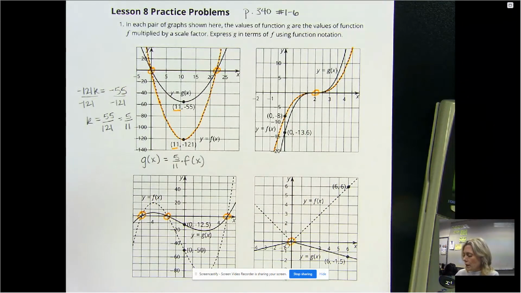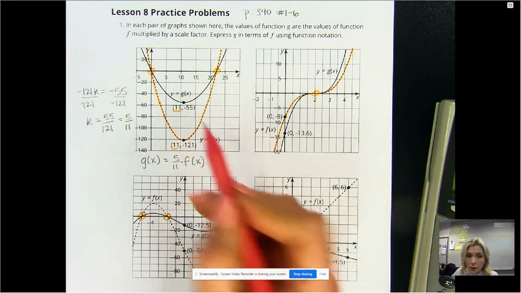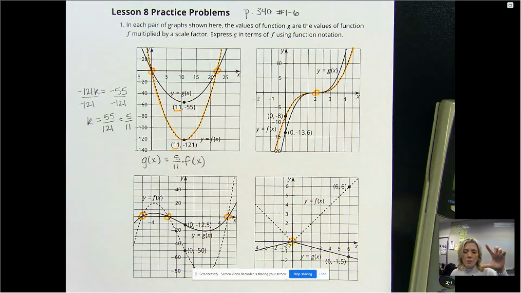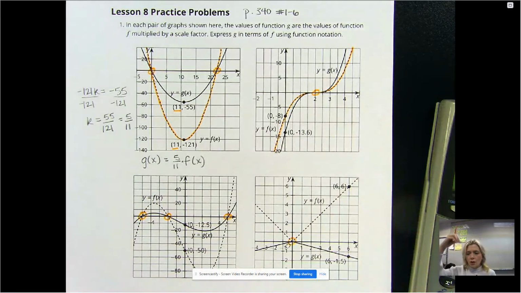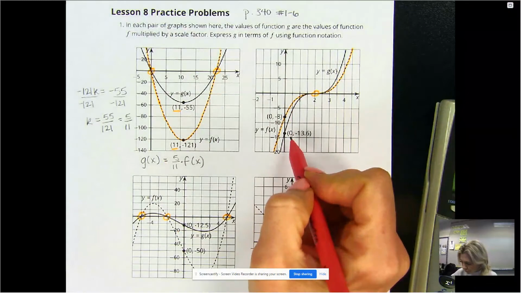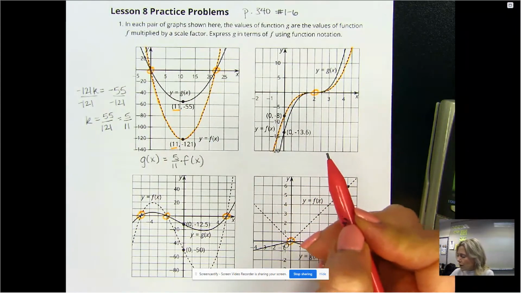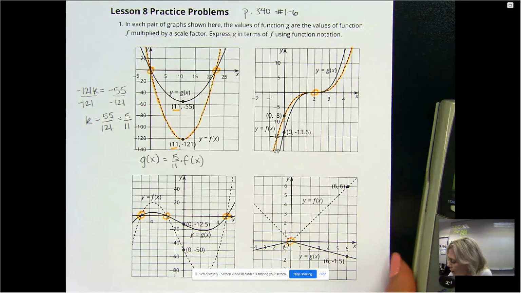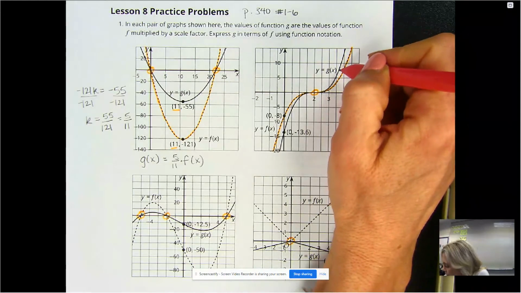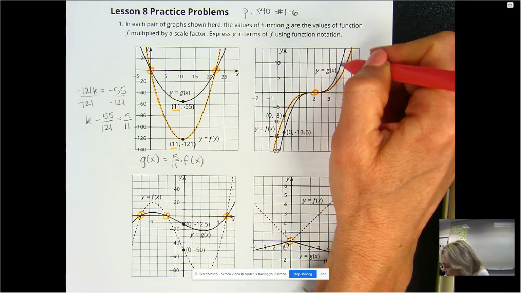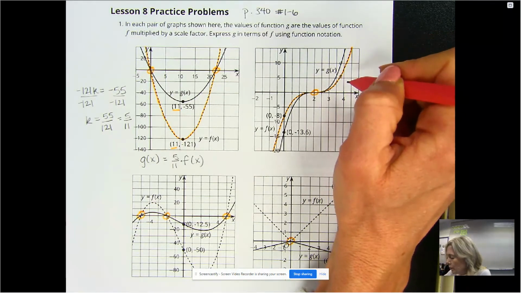So number 1, I expected my value to be less than 1 because that would be a vertical compression. Number 2, I'm expecting this value to be more than 1 because it's a vertical stretch. I can see that just by the way the graph looks. Also, for any value of x, I know this is a greater number than the corresponding one below it.